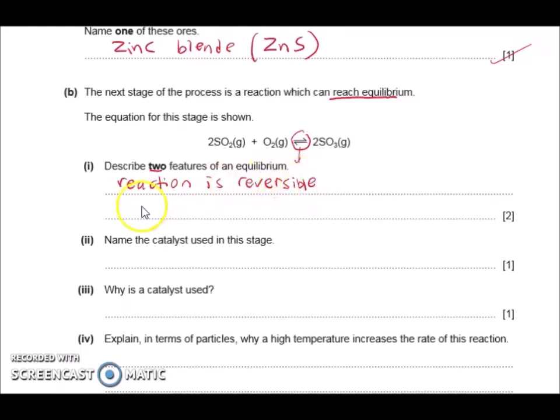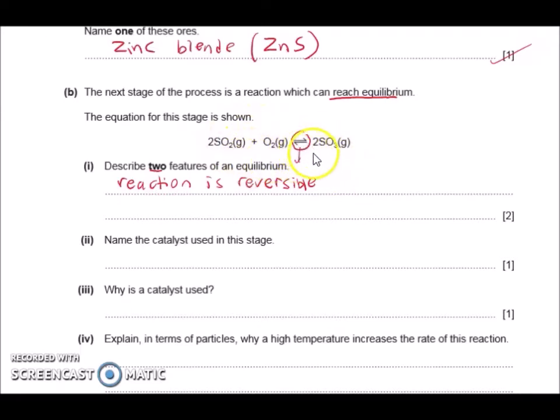Okay, the reaction is reversible means the reactants can form the product, and the product can also go back as a reactant. All right.